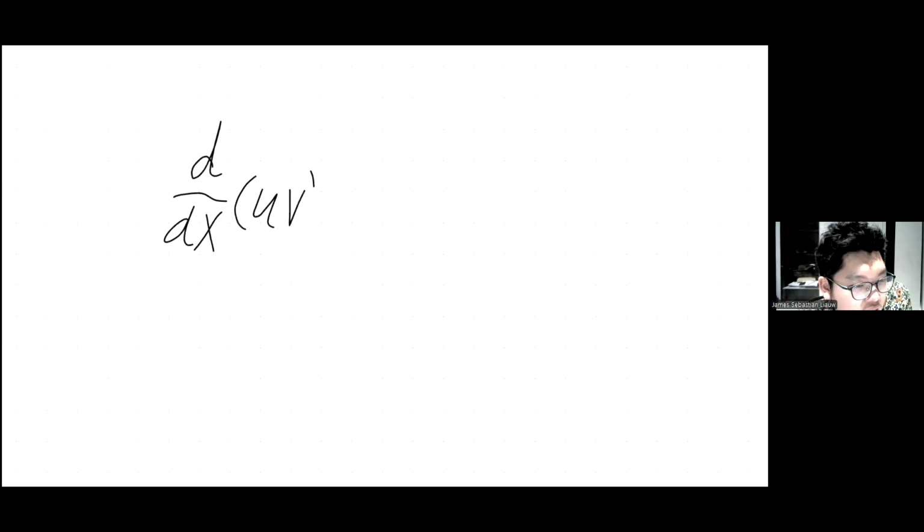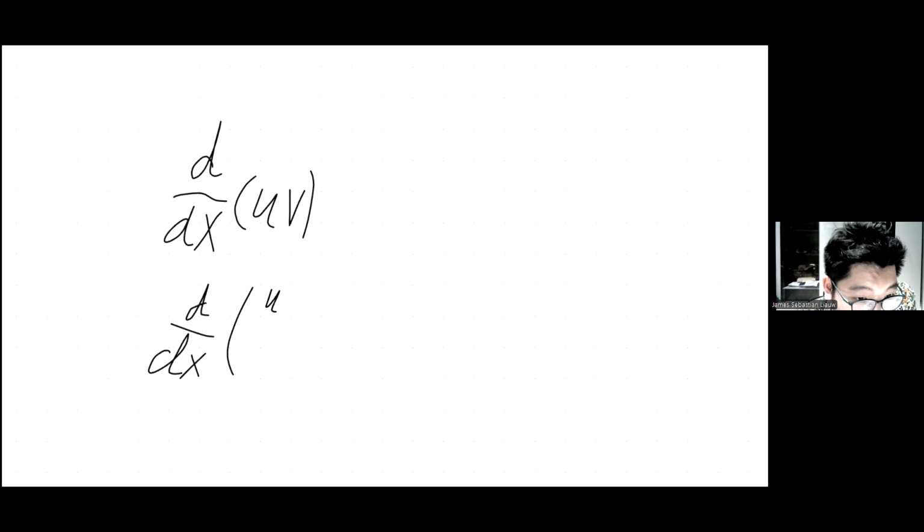Right. For AMAF, other than the differentiation of composite functions, you will also have to know the differentiation of products and division of two functions, the quotient of two functions.